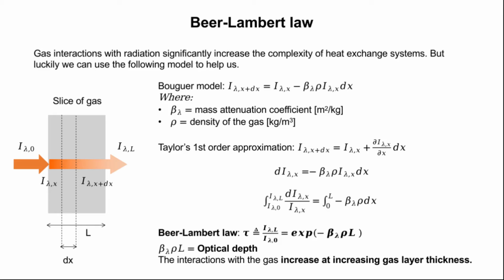By integrating this expression, we obtain the Beer-Lambert law, which states that the gas transmissivity, or I lambda L over I lambda 0, is equal to the exponential of minus beta lambda rho L, where beta lambda rho L is called optical depth of the gas, which, among other things, depends also on the gas layer thickness. Therefore, the interactions with the gas increase at increasing gas layer thickness.